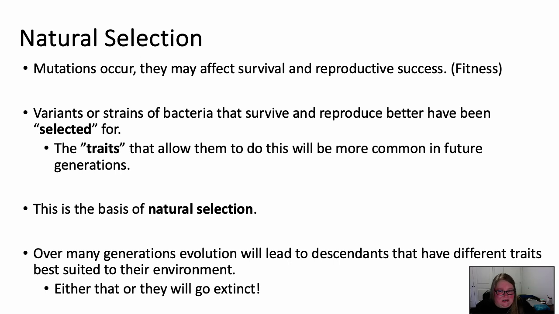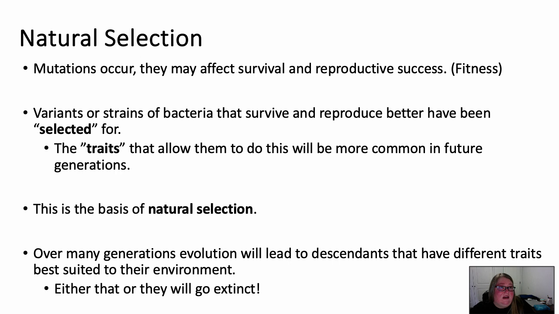Natural selection, if you remember back to biology, hopefully in your biology class they talked about this. Natural selection is the process of mutations allowing variability in a population. Think back to our pepper moth example, the ones with the black wings and the ones with the white wings. Fitness is how easily an organism can adapt to its environment.